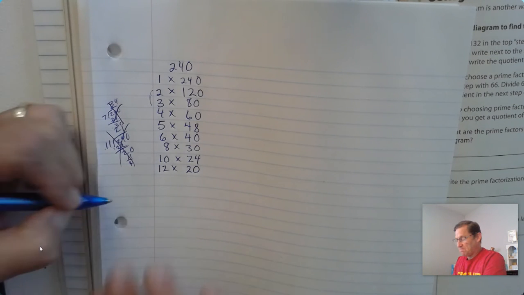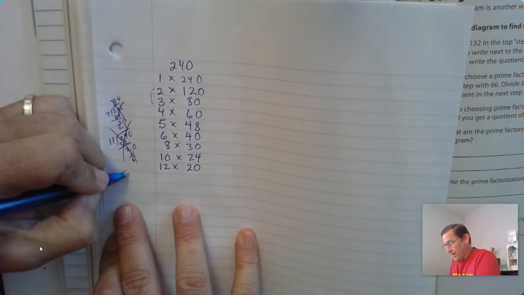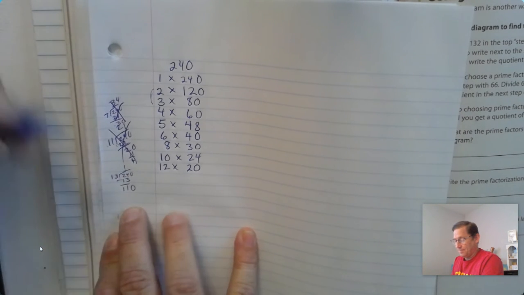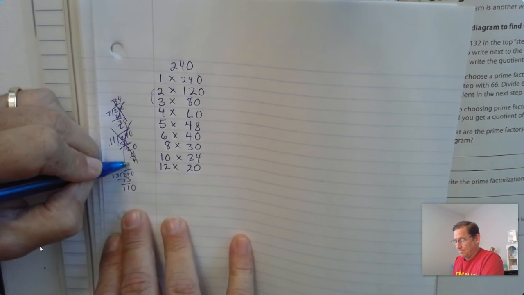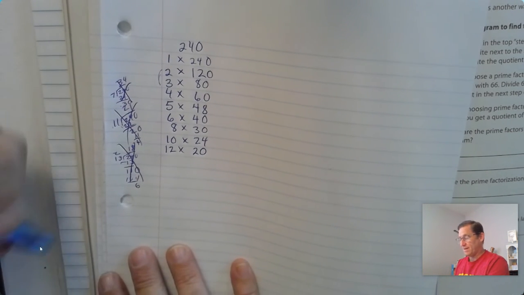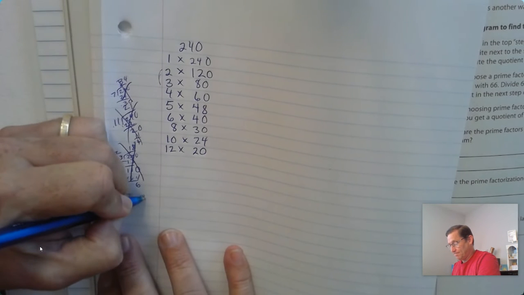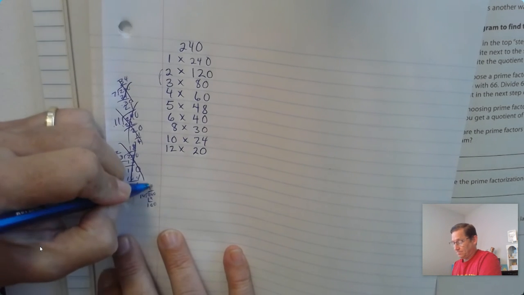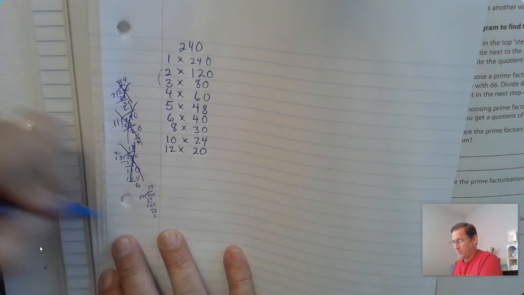13? I don't think so. But let's try. No, we're going to be left with a remainder of 6. So 13 won't work. How about 14? No, we're left with a remainder of 2.